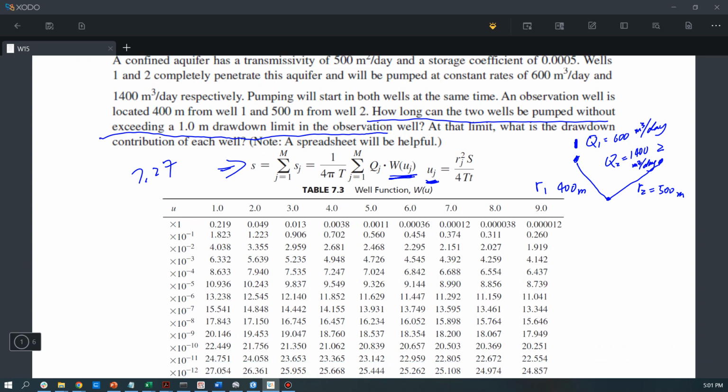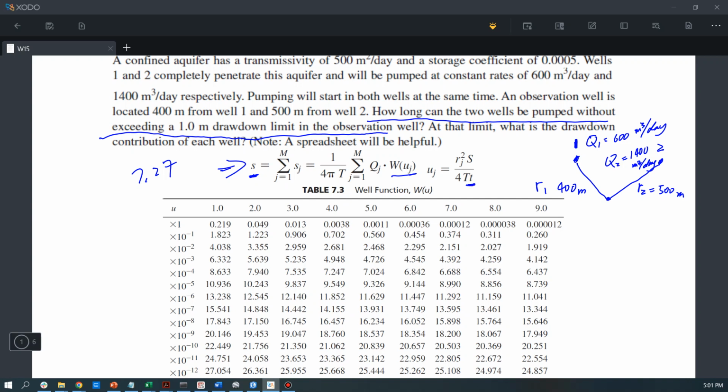So we already know that to calculate the drawdown, we use this equation and calculate the well function. The well function is a function of this coefficient u, and u is related to the time t.